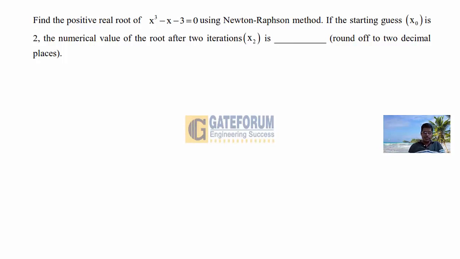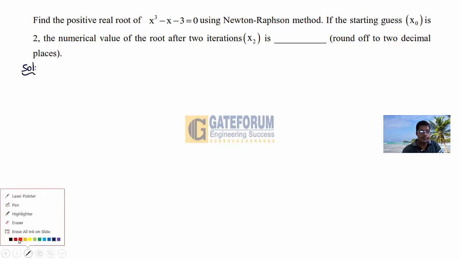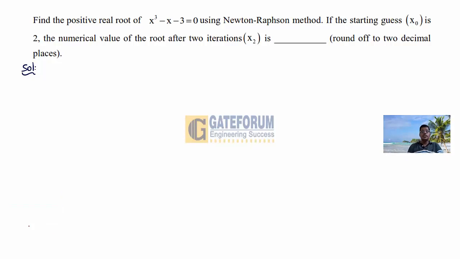The solution is: usually, once the right side of the equation is 0, all the left side terms are denoted by a function f of x, h of x, g of x as you wish, cubic function, cubical equation.